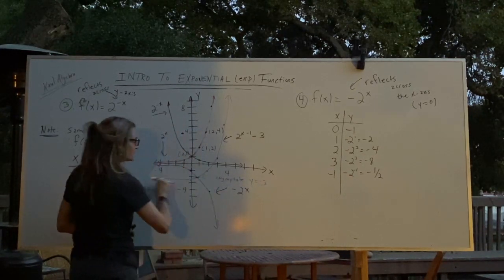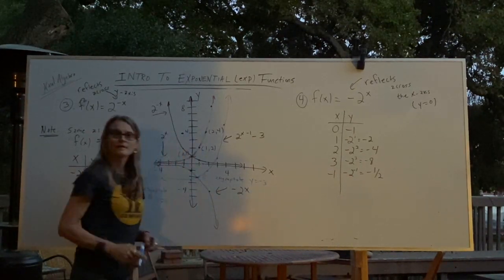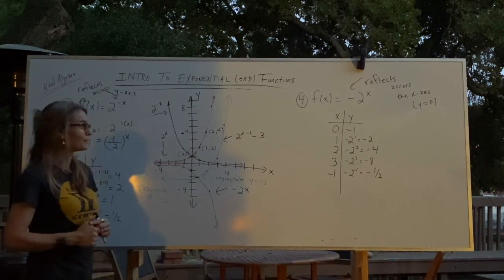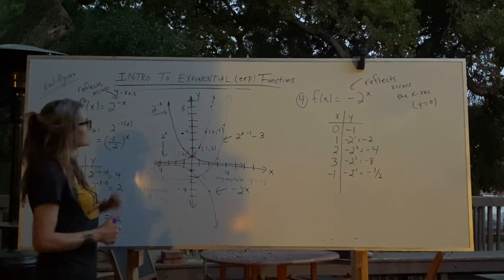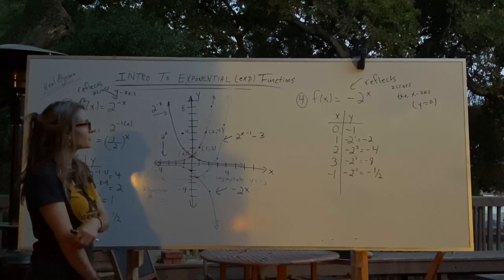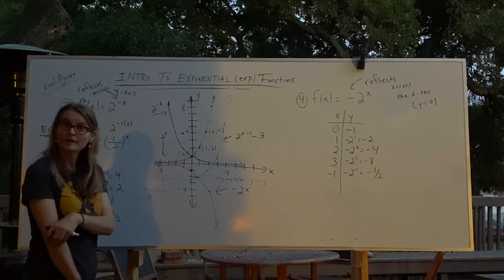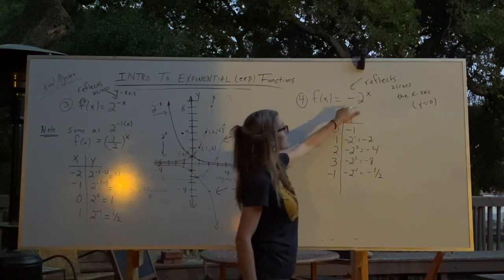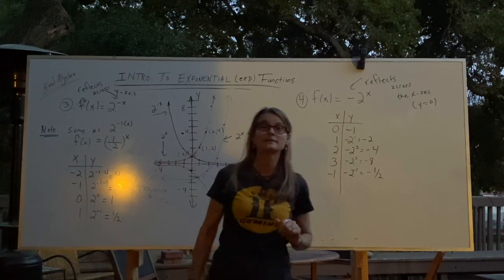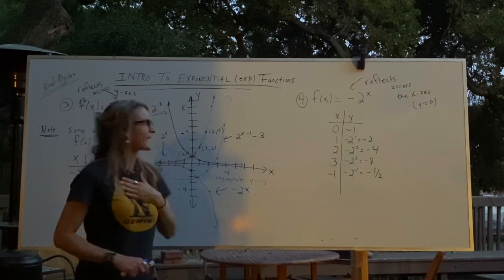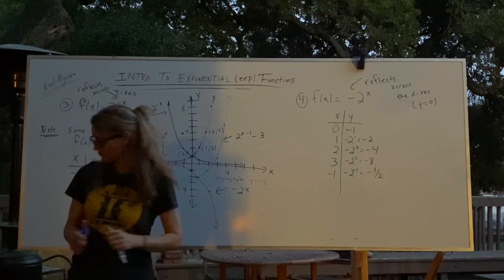There's this invisible line that appears to be at y equals negative 3 that the graph seems to follow. So those are some standard examples of some exponential functions and how you graph them. So a good table of values, but also getting a sense for how the graph is looking, paying attention to the signs and the numbers added and subtracted to your exponential function.